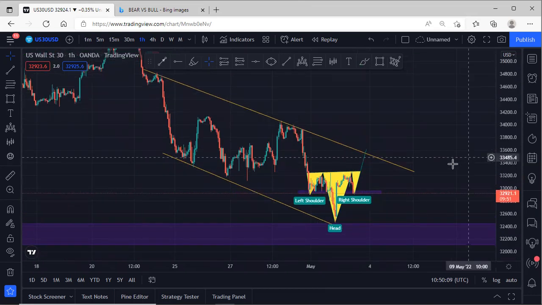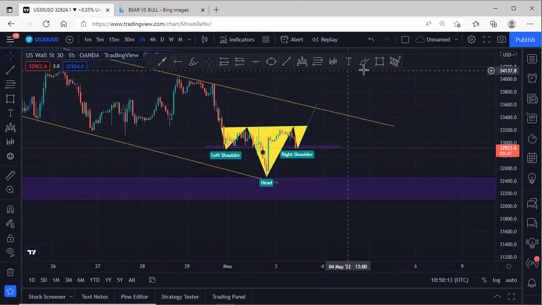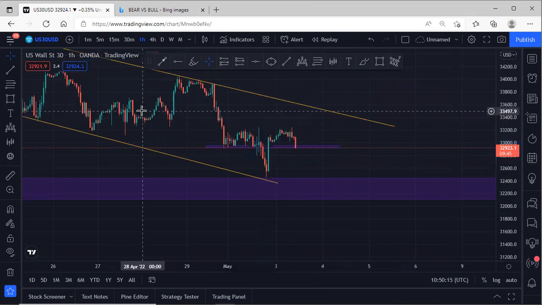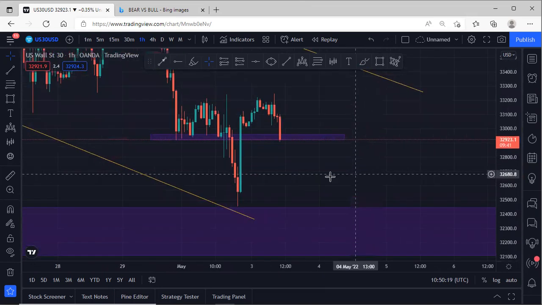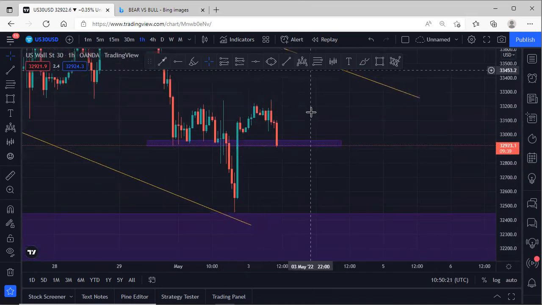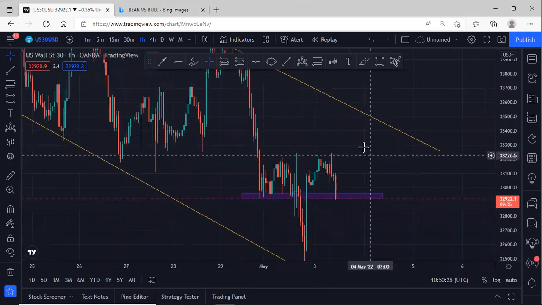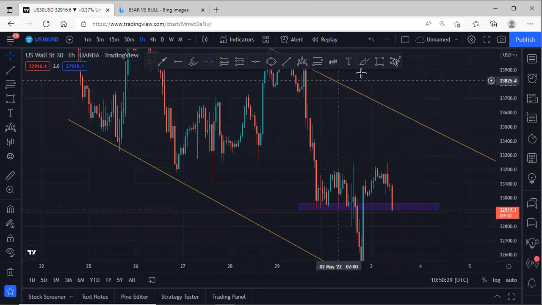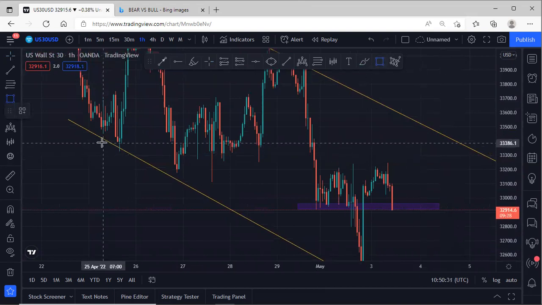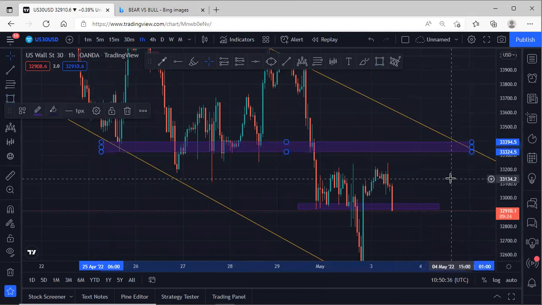Right now the market is in the middle of nowhere, and if I was to trade the market, of course I would wait for this to confirm, probably confirm this inverted head and shoulders. It can also break out of this structure, guys. So we have this structure right here.